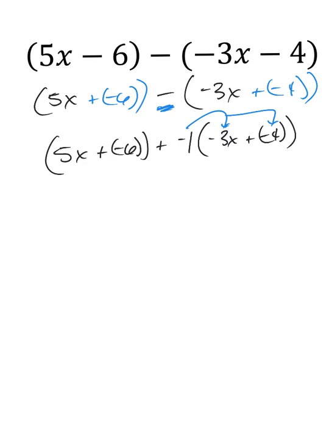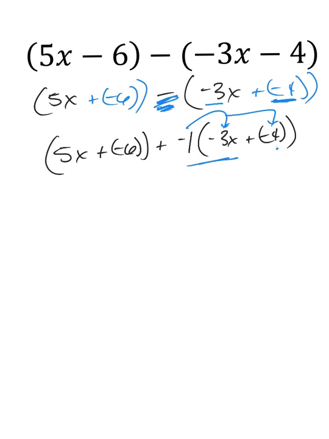which means I'm going to be distributing the negative 1 to these two. And that's the problem, most people only put it here, they forget to distribute it back to that negative 4. Because in reality, what we're saying is, what's the opposite of negative 3x and the opposite of negative 4?